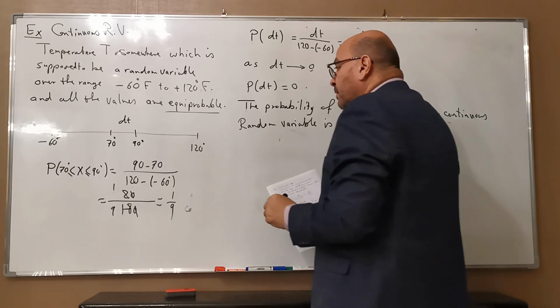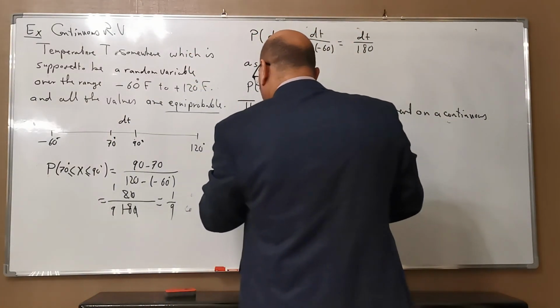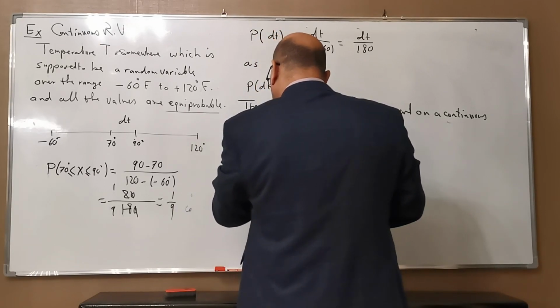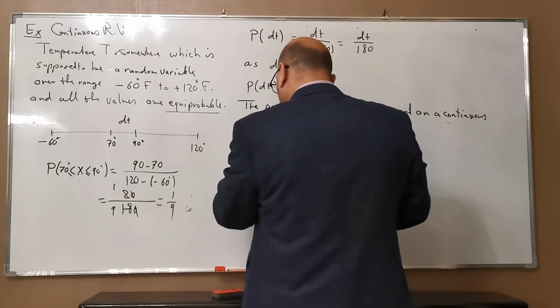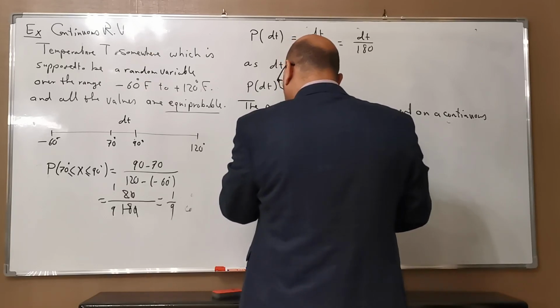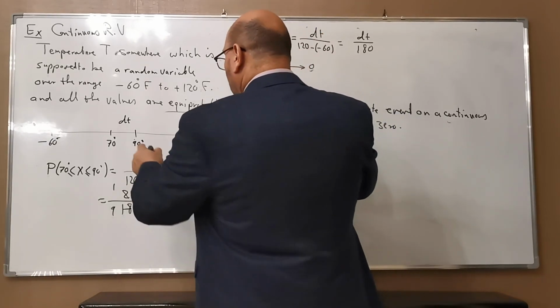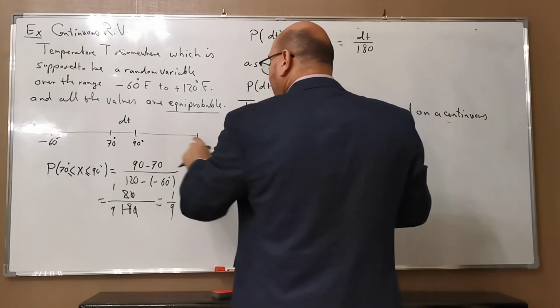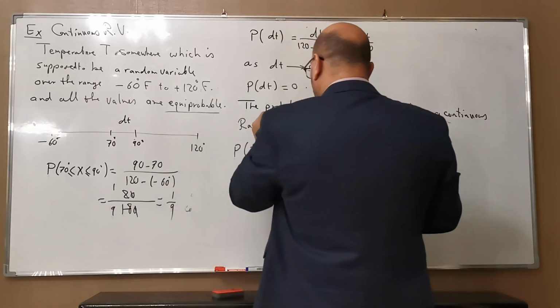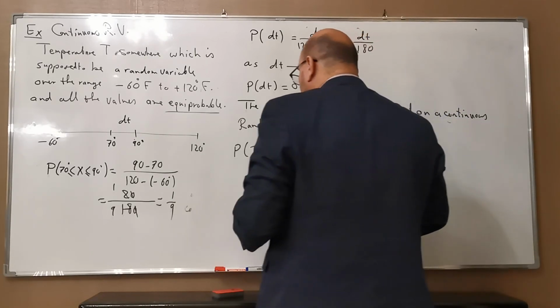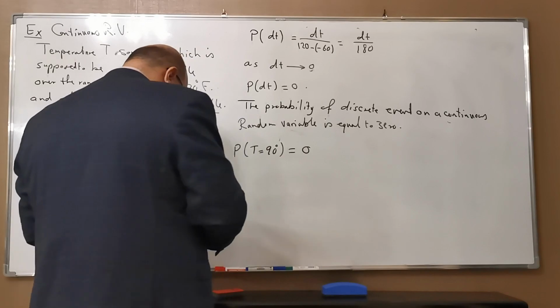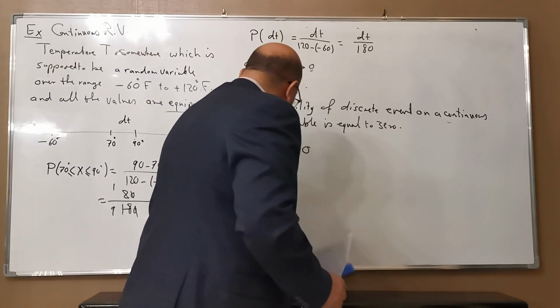Which means that what is the probability of temperature T equals 90? 90 means that you are having some delta T that approaches 0, and this is a discrete event on a continuous random variable, and the probability is equal to 0. Okay?